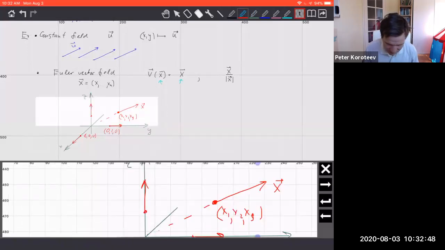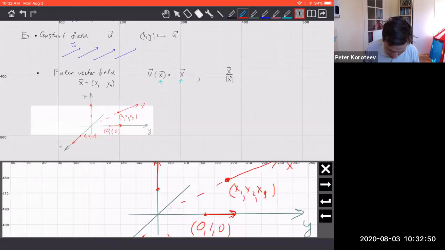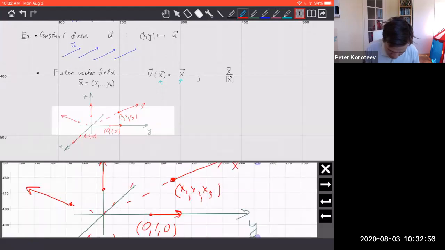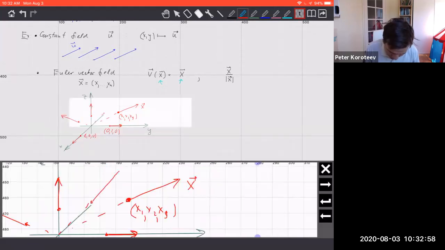So what will it look like? At every point we have a vector that points away from the origin, and the length of the vector is equal to the distance from this point to the origin. The farther you go, the longer the vector.